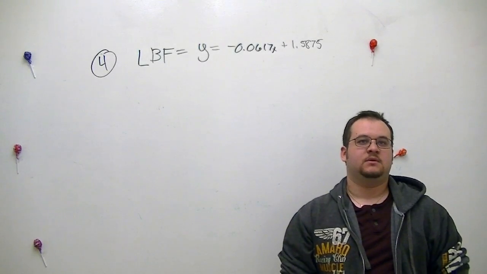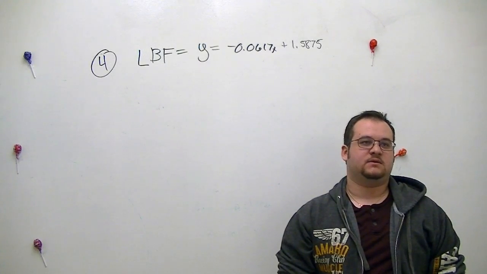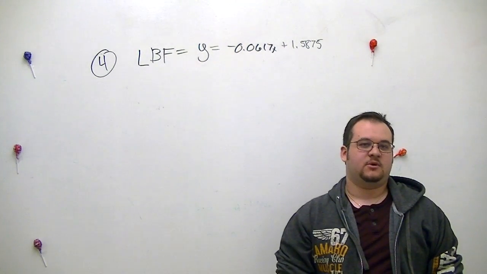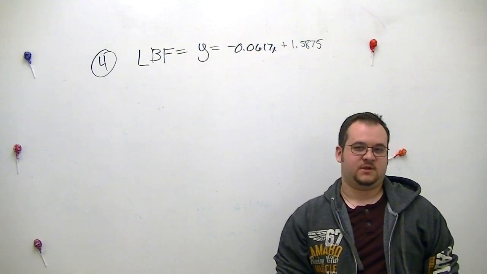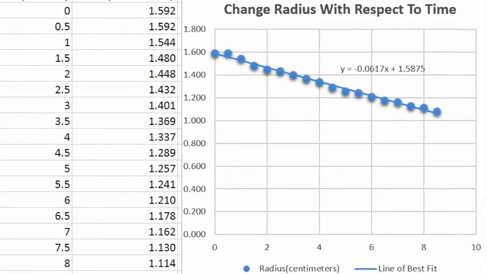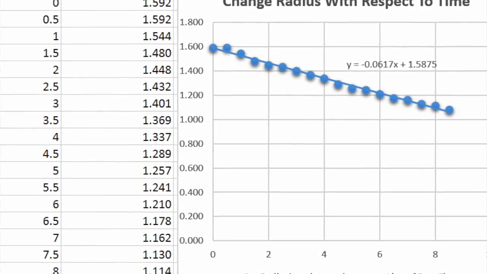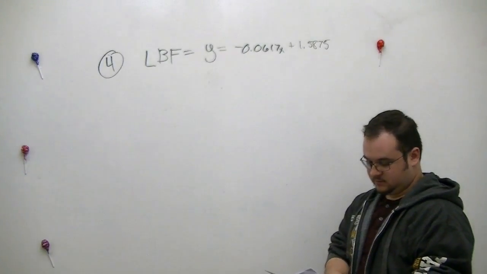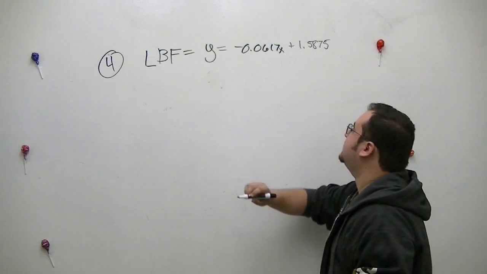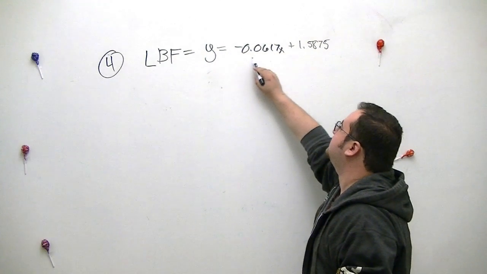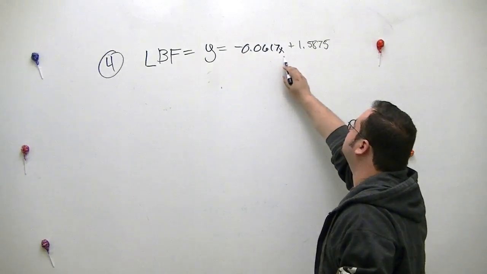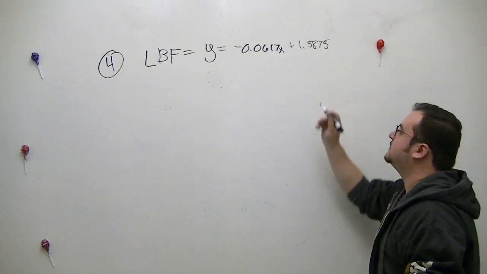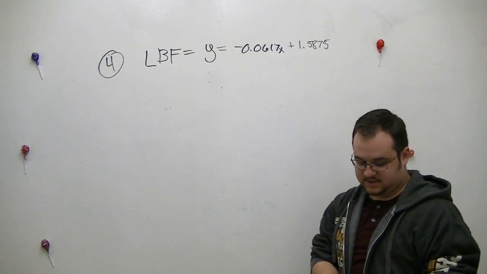In step 3, we made a scatter plot on Excel using the values in the previous step over the time interval of 0 to 8.5 minutes. Okay, so in step 4, we're going to use our line of best fit we found, which is negative 0.0617x plus 1.5875, to find our overall dr/dt.